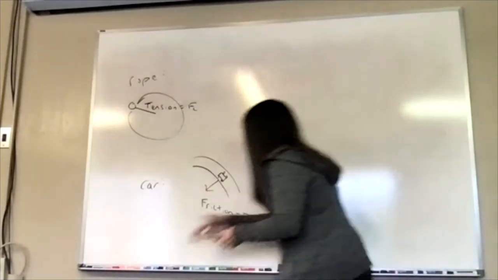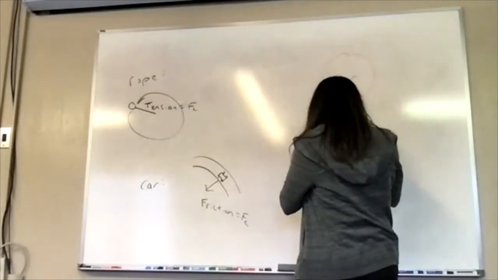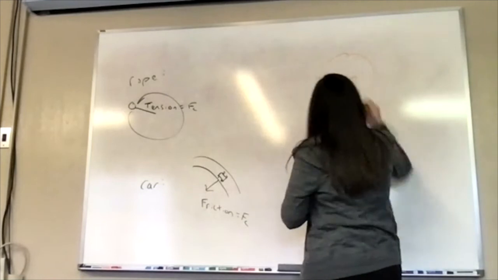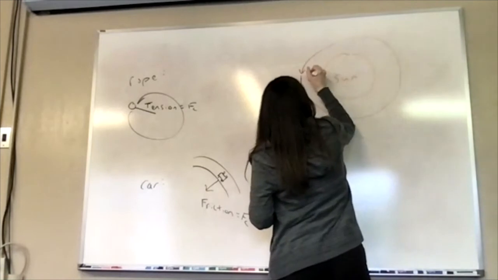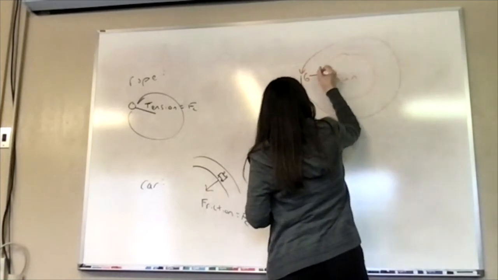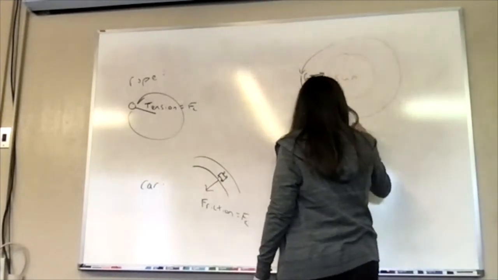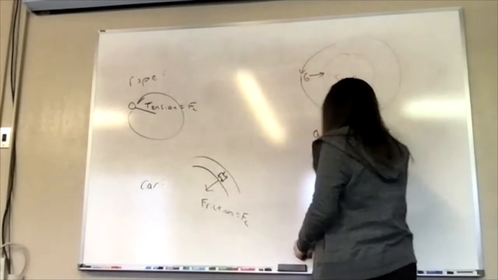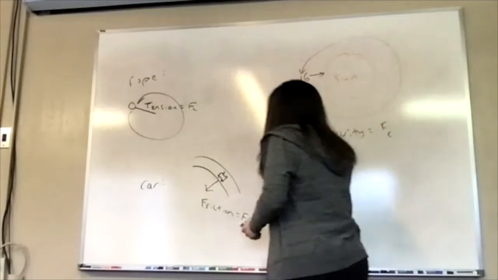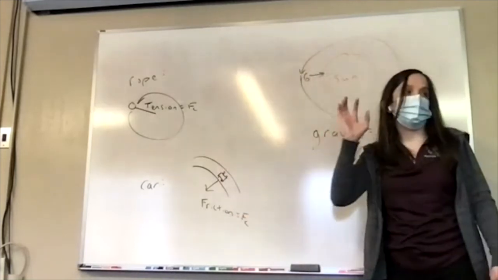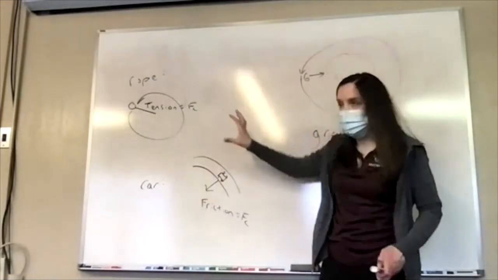And if you have a planet orbiting the sun, then you have gravity that supplies centripetal force. So it's important to know what force is causing centripetal force. And whatever force that is, it equals centripetal force.